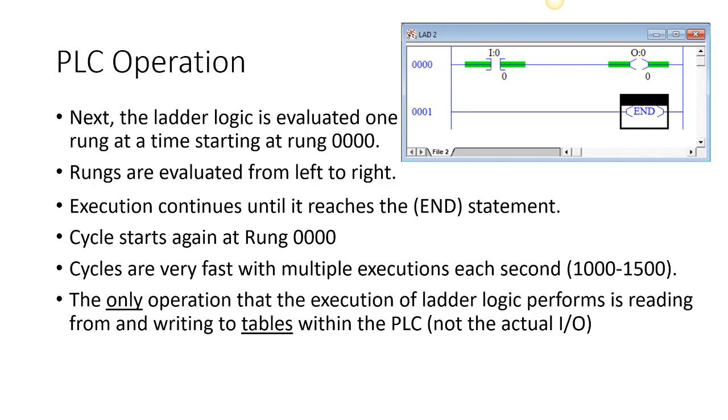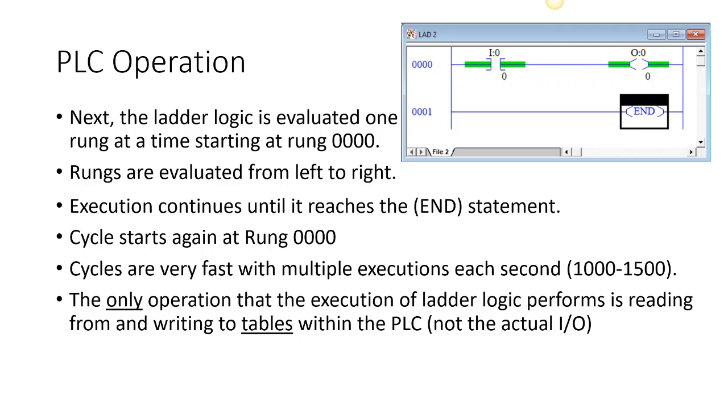And the only operation that the execution of this ladder logic performs is reading from that table that I showed you prior, and then it is writing to the output table. It never reads from the actual field or the actual screw terminals that are on the top, or writes to the screw terminals that are on the bottom of the PLC.